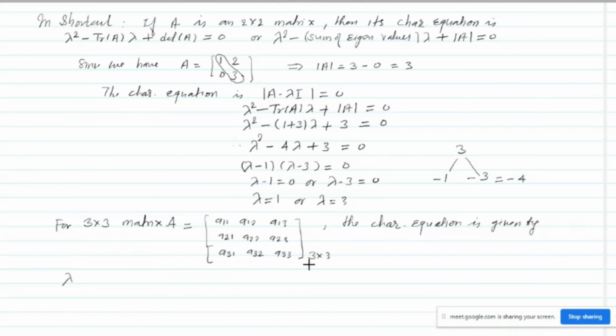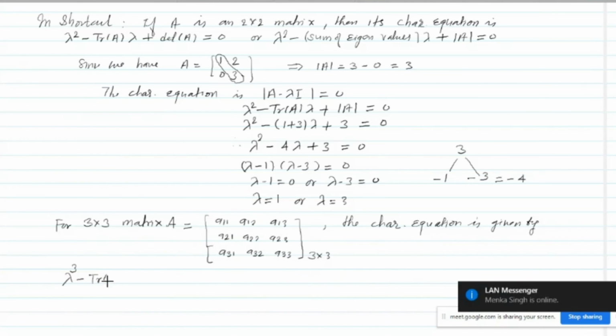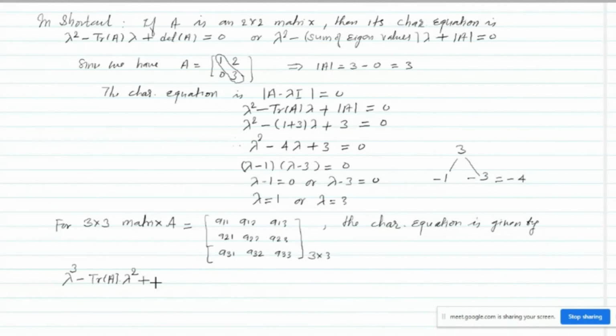This is a matrix of order 3 cross 3, so you have a polynomial of order 3. So we write lambda cube minus trace of the matrix A times lambda square, plus the sum of the minors of the diagonal elements of A.